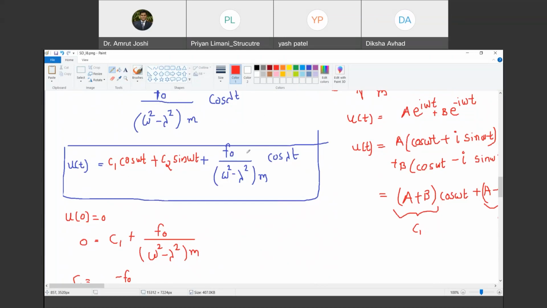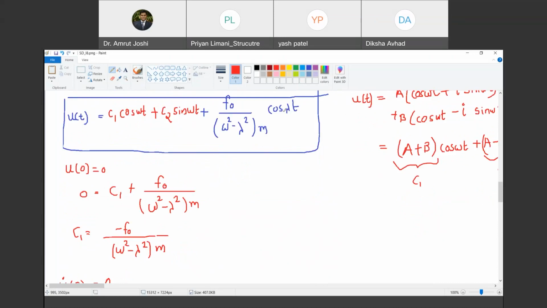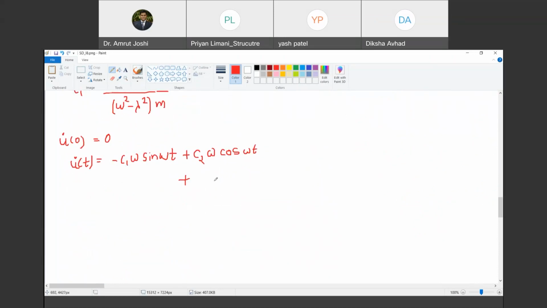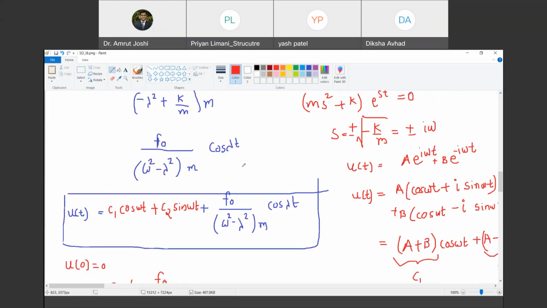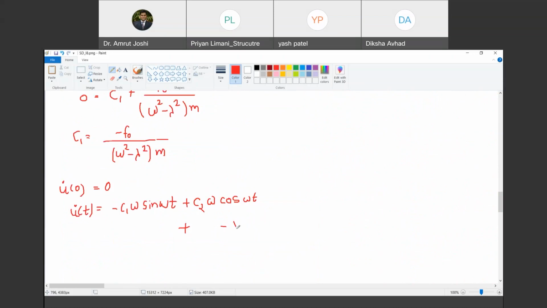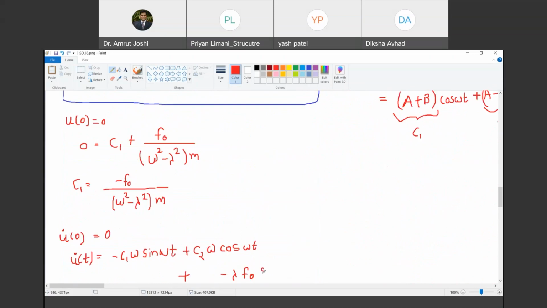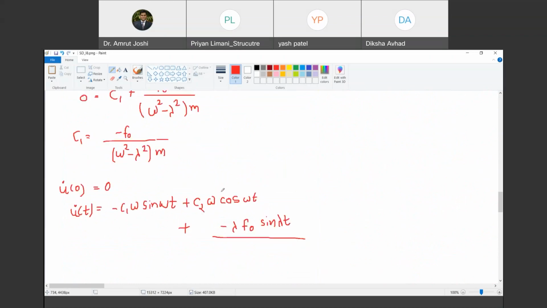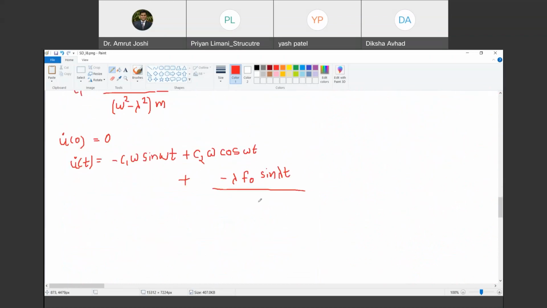So let us try to find out the derivative of the third term. क्या है third term का derivative? It is going to be minus lambda F0 upon omega square minus lambda square, so on and so forth. So I will write down that. What is that? Minus lambda F0 as it is, sin lambda t, happy, divided by omega square minus lambda square times m.